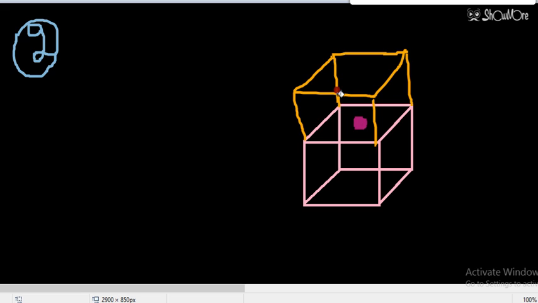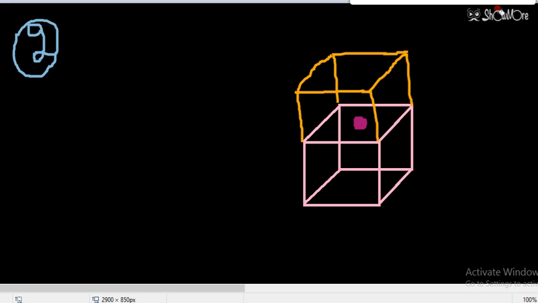So when you have to find how many cubes are required to enclose it, total 2 cubes are required, one below and one just above. So this charge will now be enclosed.